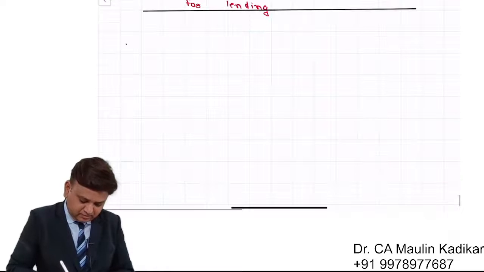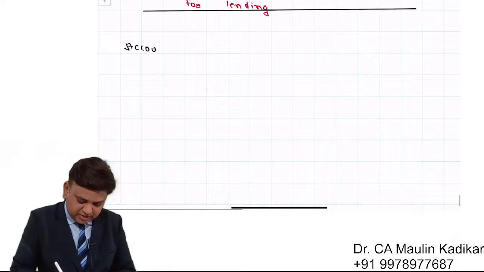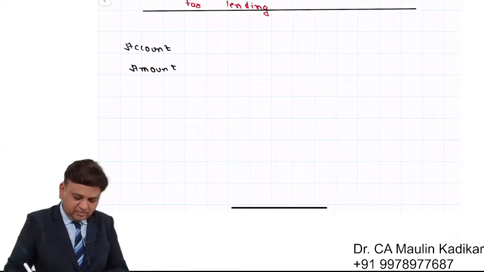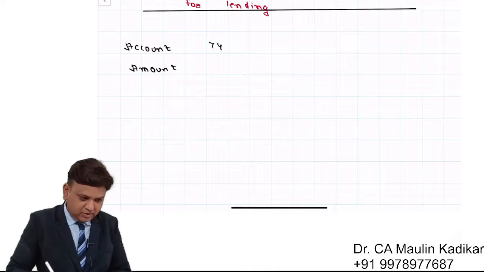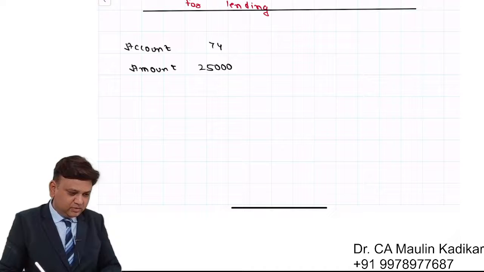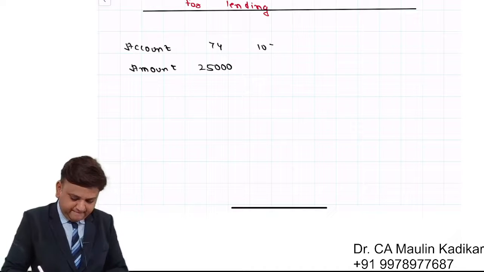In that, account and amount: account number 74, amount is 25,000. Account number 107, amount is 11,500.